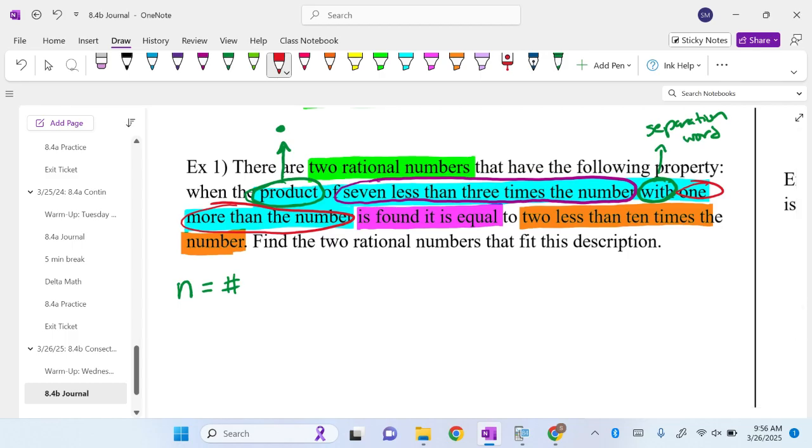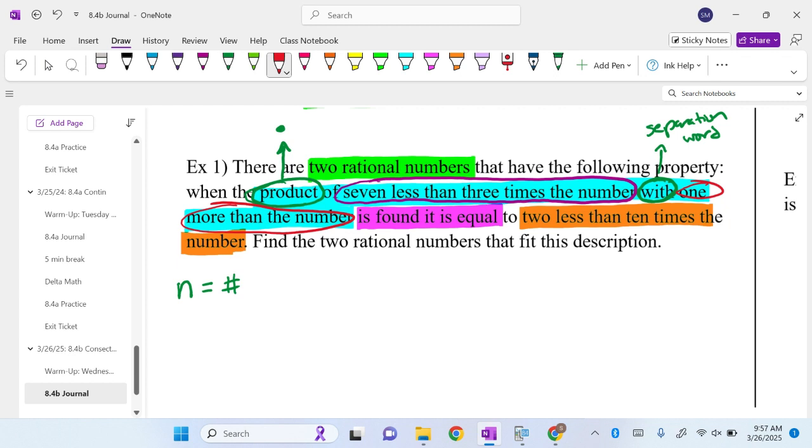And we're multiplying those two expressions together. So that's what it means. The product of the first expression with the second expression is equal to blah, blah, blah. So with is a separation word. That means that is where this first expression stops and we start a new one.